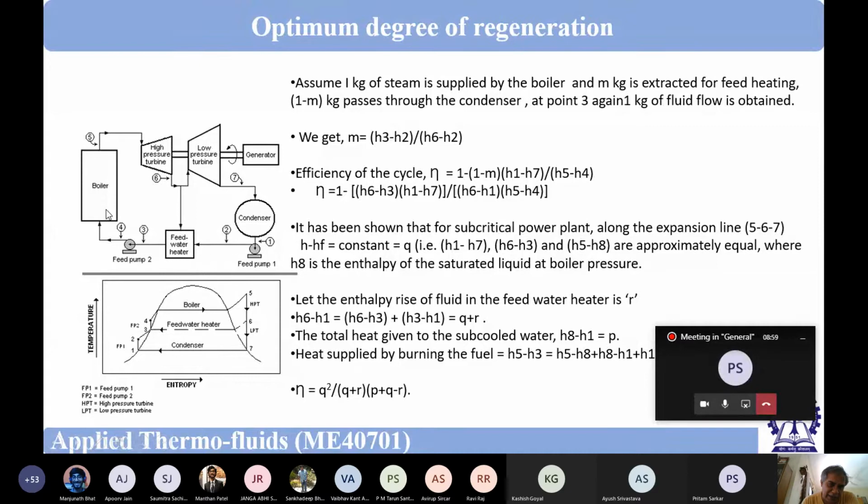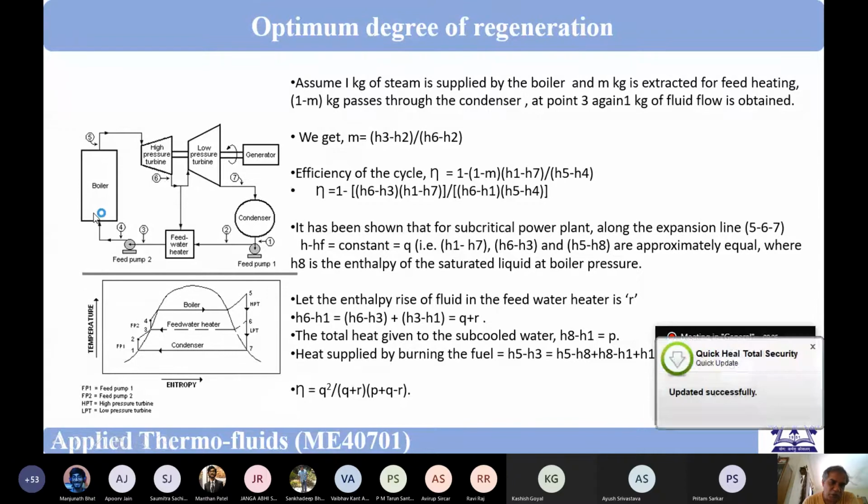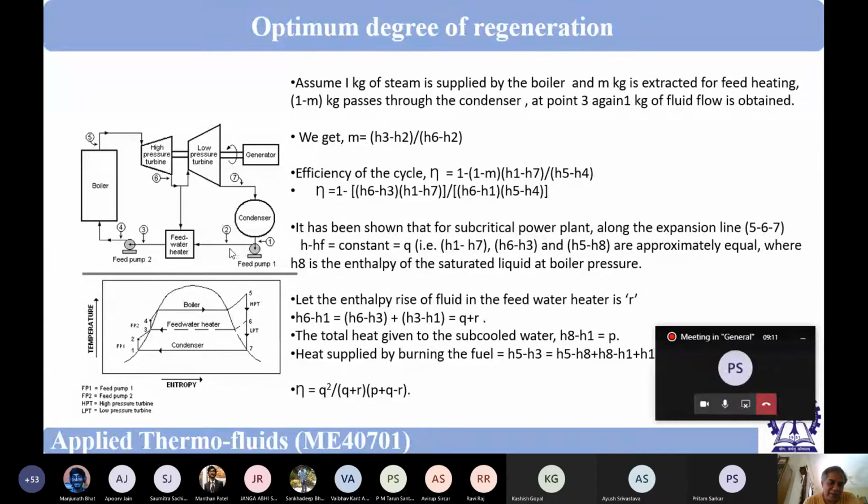It is not changing its phase from the condenser temperature to the saturation temperature corresponding to the boiler. So now let us pose the problem like this: how much heat will we provide by this feed water heater and how much heat will we provide in the boiler. So here let us see.